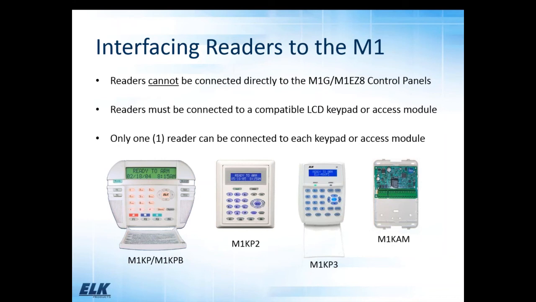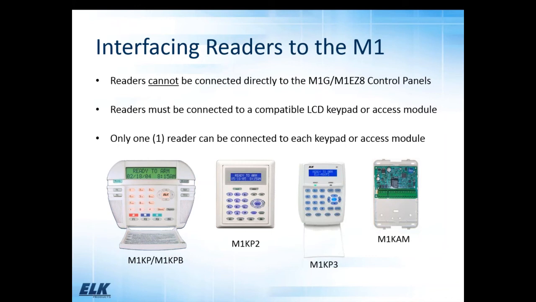So the readers will either have to be connected to one of these keypads or the access module. You cannot connect a reader or an access keypad directly to the M1. And when you're looking at all of these devices here that can accept a reader, each one is capable of accepting a single reader. So this is where we get our limit of 16.